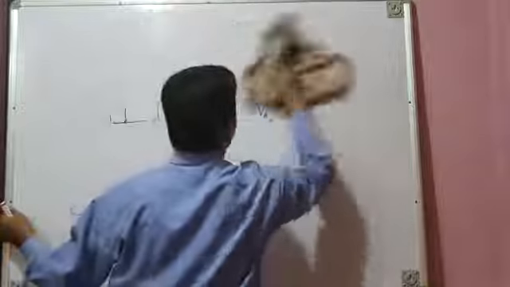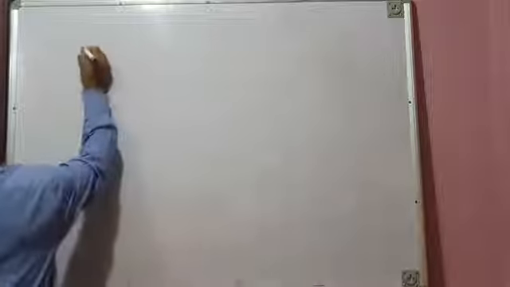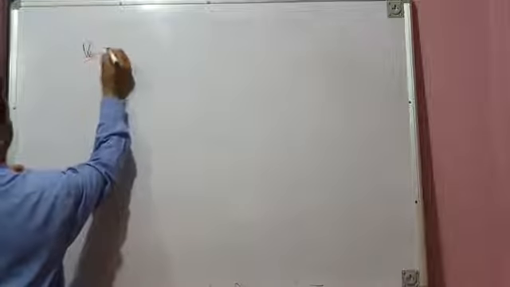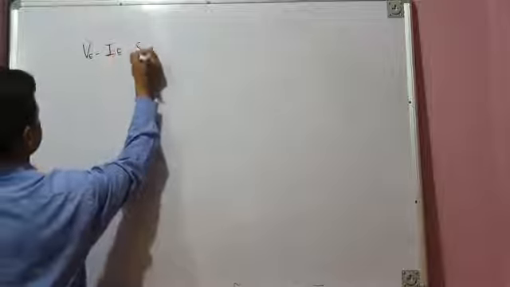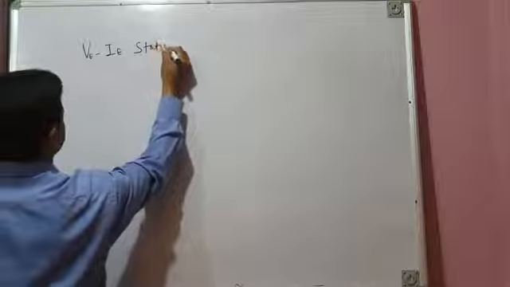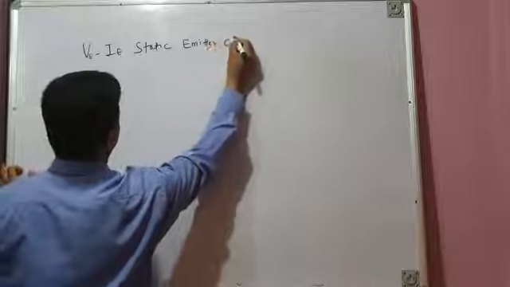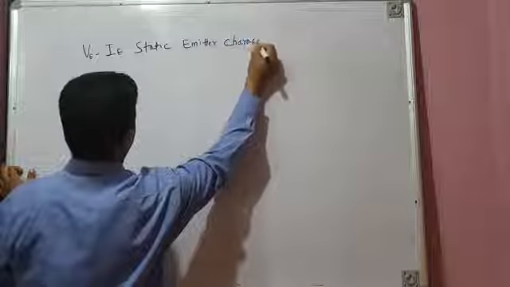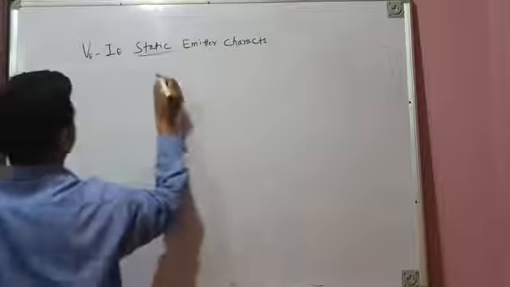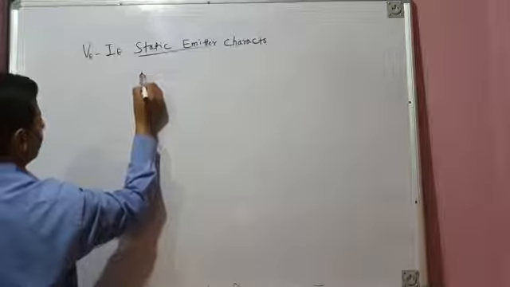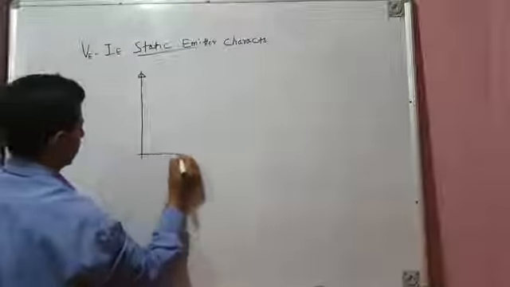Now let us draw the VI characteristics of UJT. VE versus IE, static emitter characteristics of UJT. So the characteristics will look like this.